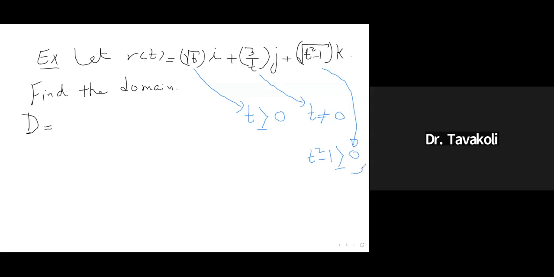You have seen in more elementary courses this kind of inequality to solve, so you should be familiar with solving it. As you might remember, t squared minus 1 more than or equal to 0 consists of two intervals: t is more than or equal to 1, or t is less than or equal to -1.